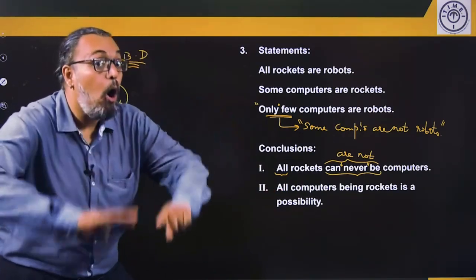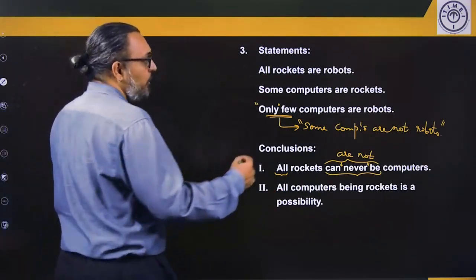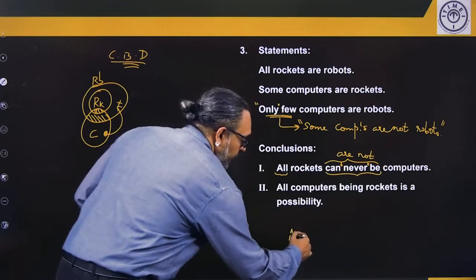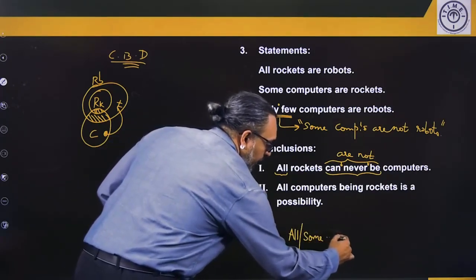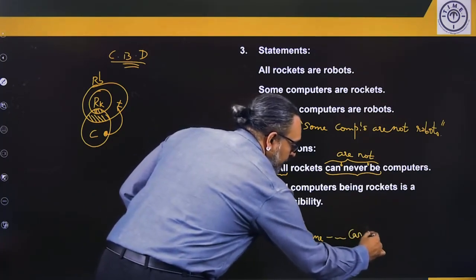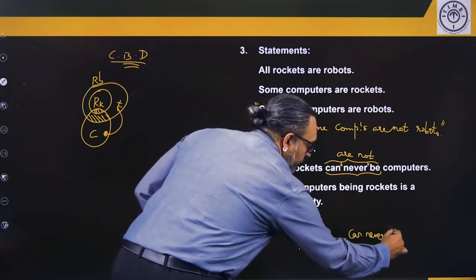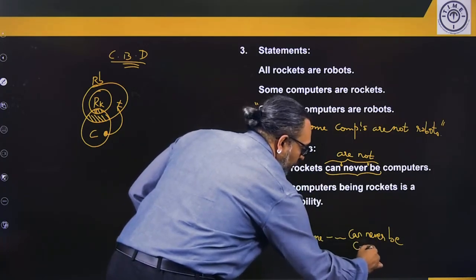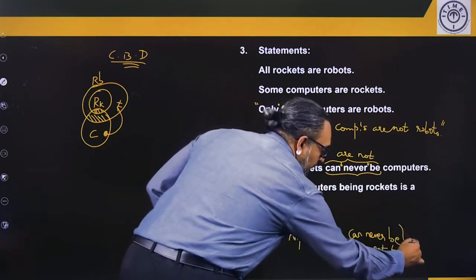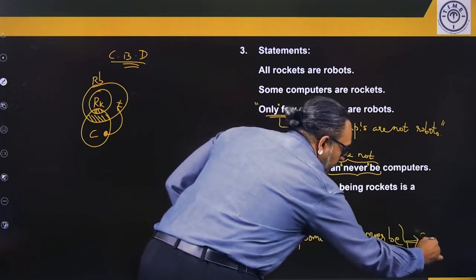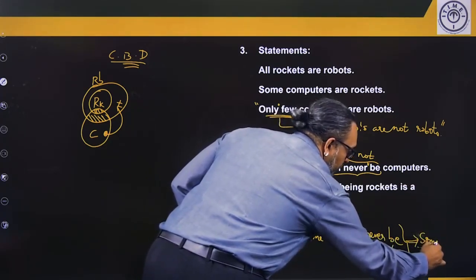So now we have all are not. One other thing you need to understand here is whether you have all or some, and you have can never be or can not be. It doesn't matter. It should be treated as some not.